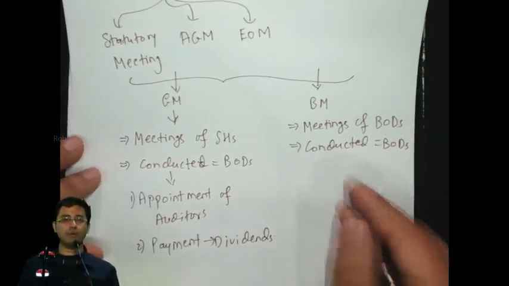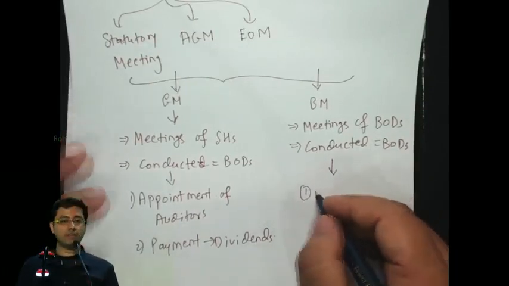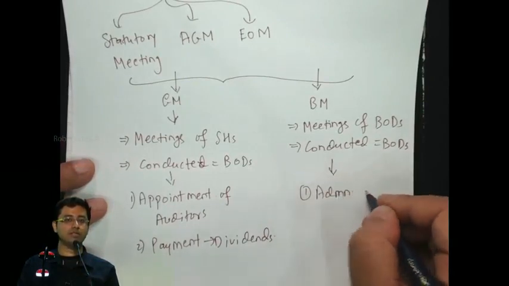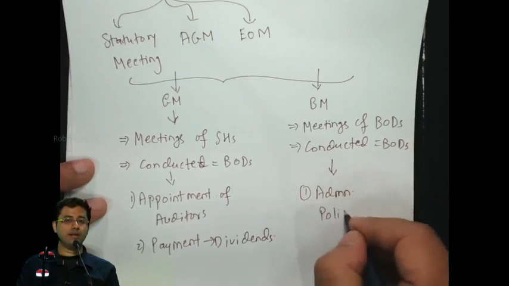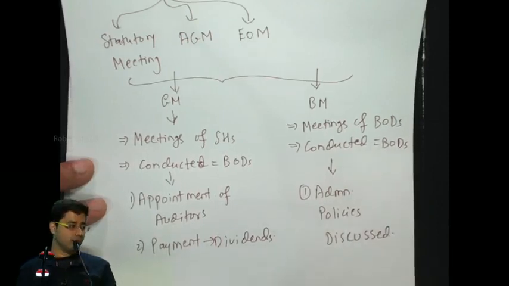Whereas in the board meeting, basically I have to decide about the administration and the future of the company. Management and admin policies are always discussed in the board meeting.